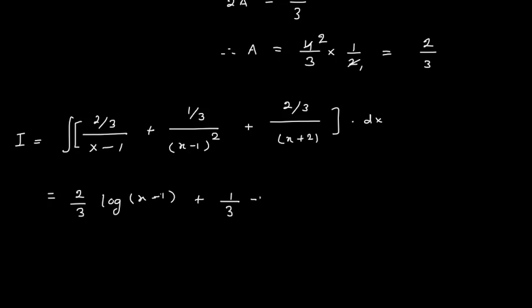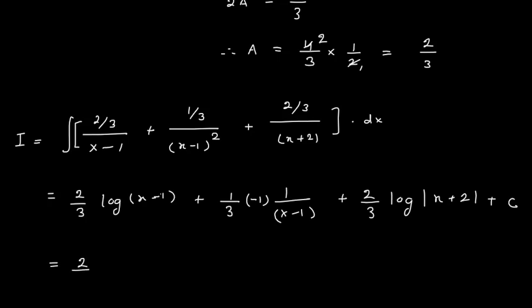So I will write minus 1 into 1 upon x minus 1, plus 2 divided by 3 log of x plus 2, plus c. Okay, so these two log terms we can club together. So this will become 2 divided by 3 log of x minus 1 into x plus 2, minus 1 upon x minus 1, plus c. So this is your final answer.